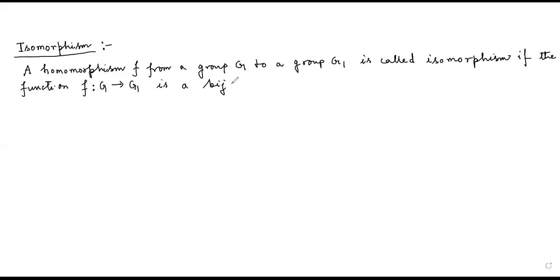Very simple definition, and we know the functions which are both one-to-one and onto are actually known as bijective functions.